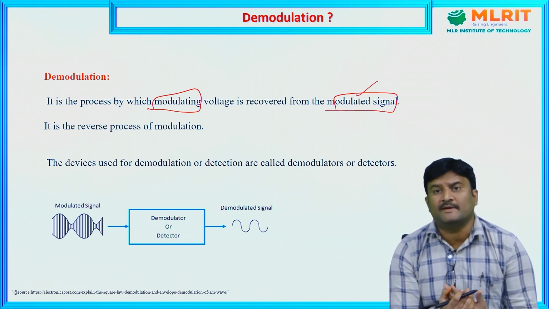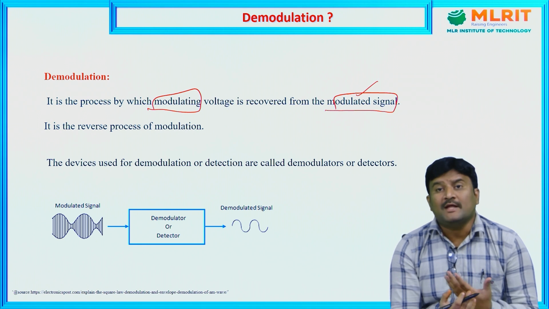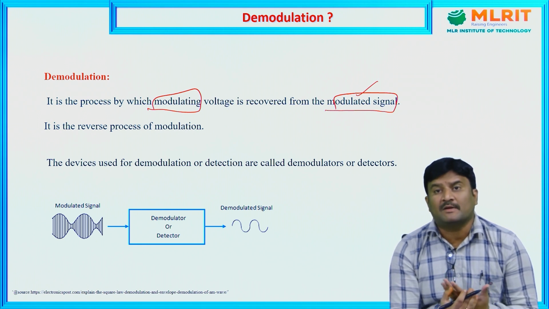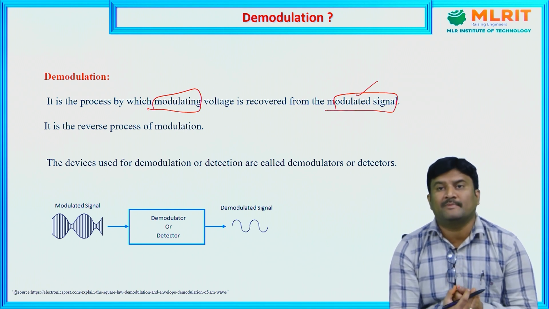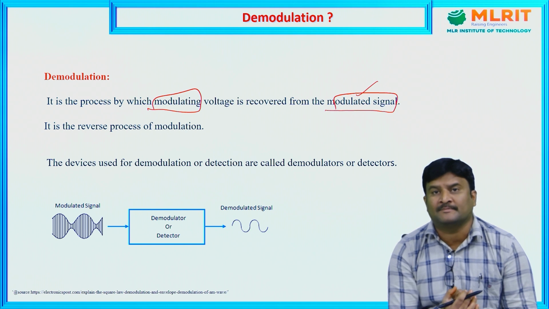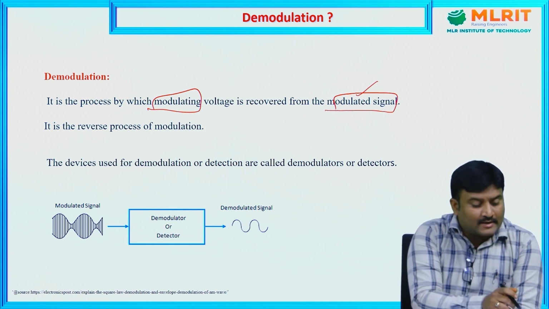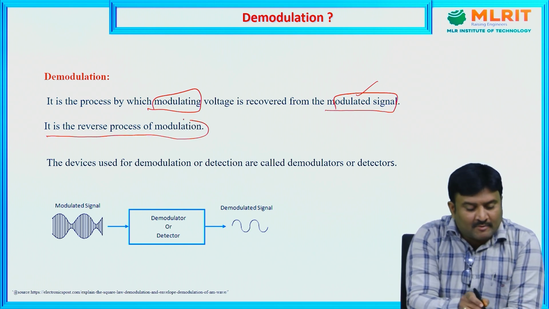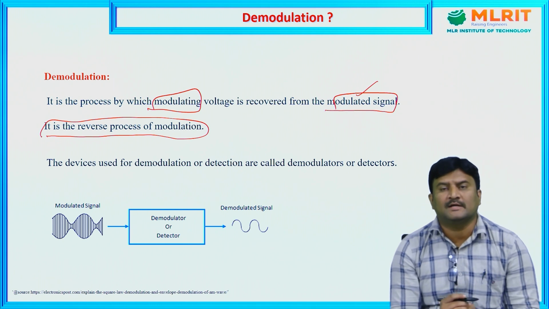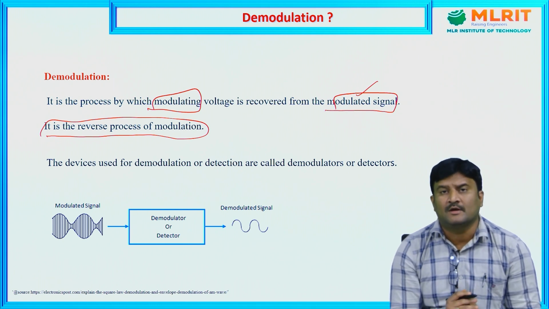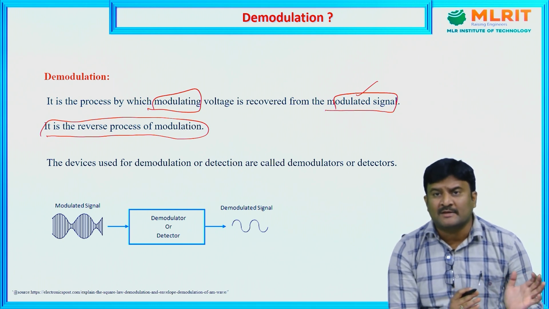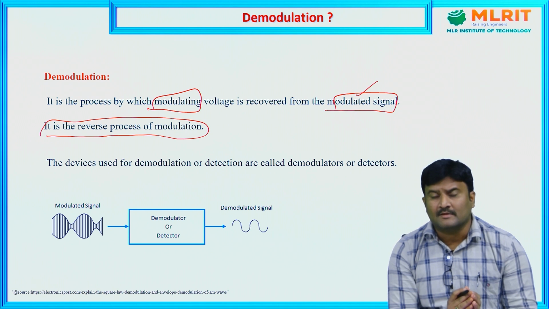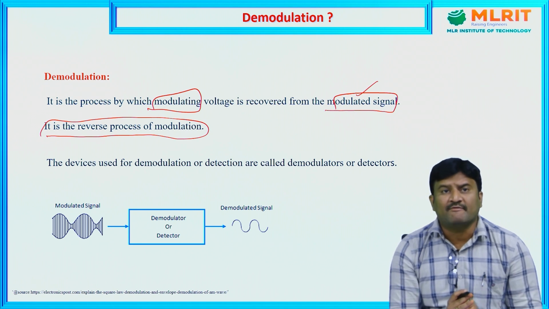The output should be exactly the information signal you transmitted from the modulation block. That should be the output of the demodulator block. It is the reverse process of modulation, because you are giving the modulated signal as the input of the demodulator. That's why it is called the reverse process of modulation.